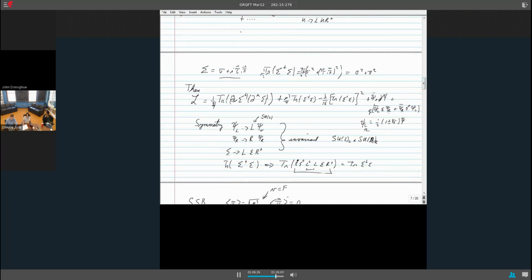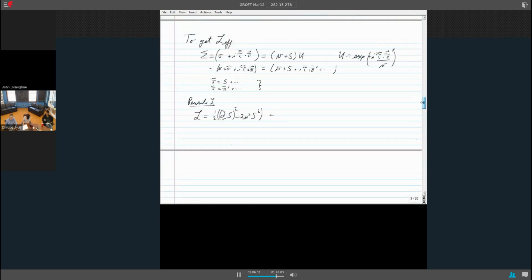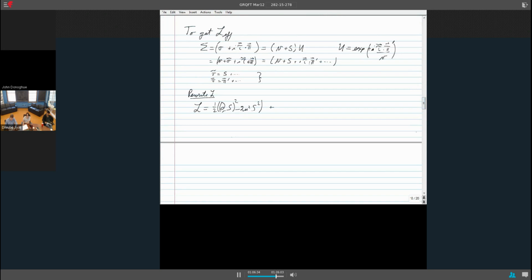So to first order, sigma twiddle is S plus higher order terms, and pi is pi prime plus higher order terms. So I've just gotten a renaming of the fields.